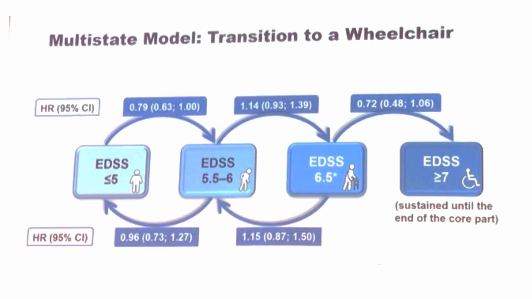Now, when you say a hazard ratio of 0.79, it means that patients in the placebo arm were more likely to move into an EDSS category of 5.5 to 6. But then when you're moving from 6 into 6.5, you get the opposite, that more patients in the siponimod arm are moving across. And so this is obviously counterweighted by the movement of improvement in the opposite direction.